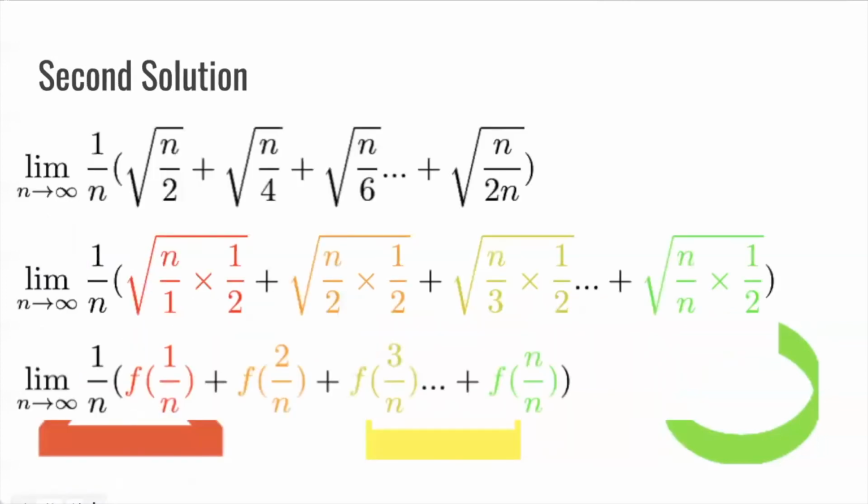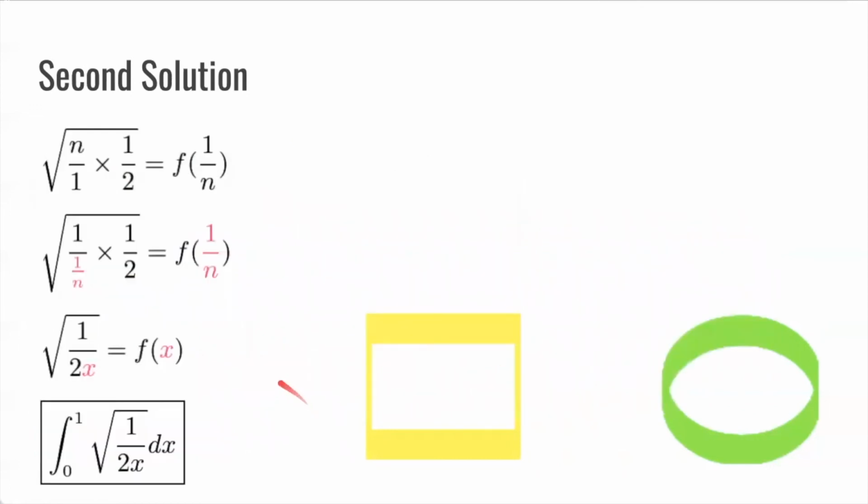And the second solution is to just imagine the n over 2 as n over 1 times 1/2, the n over 4 as n over 2 times 1/2, and so on. And now this time we use the Riemann sum evaluated from 0 to 1. All right, so that's this right over here, and each of the corresponding terms are equal. So the square root of n over 1 times 1/2 is equal to f of 1 over n.